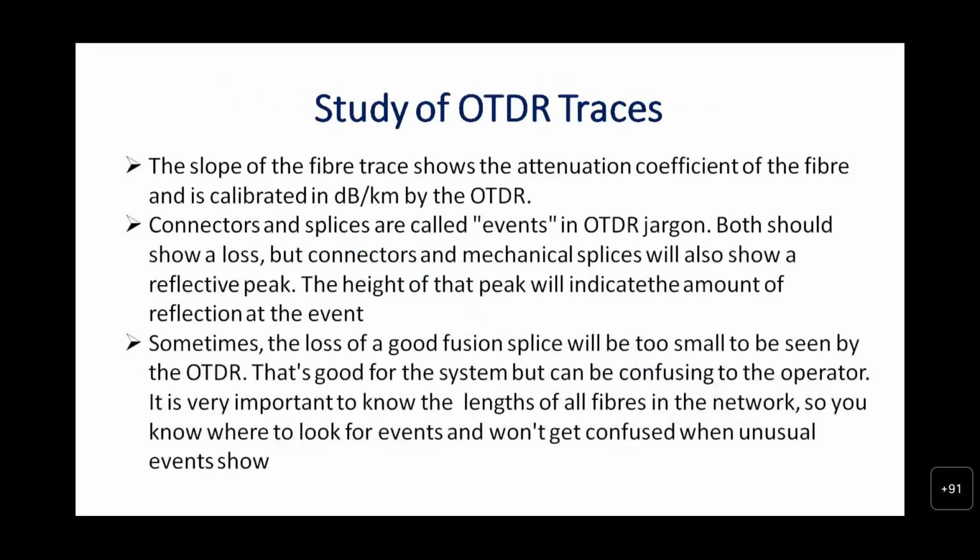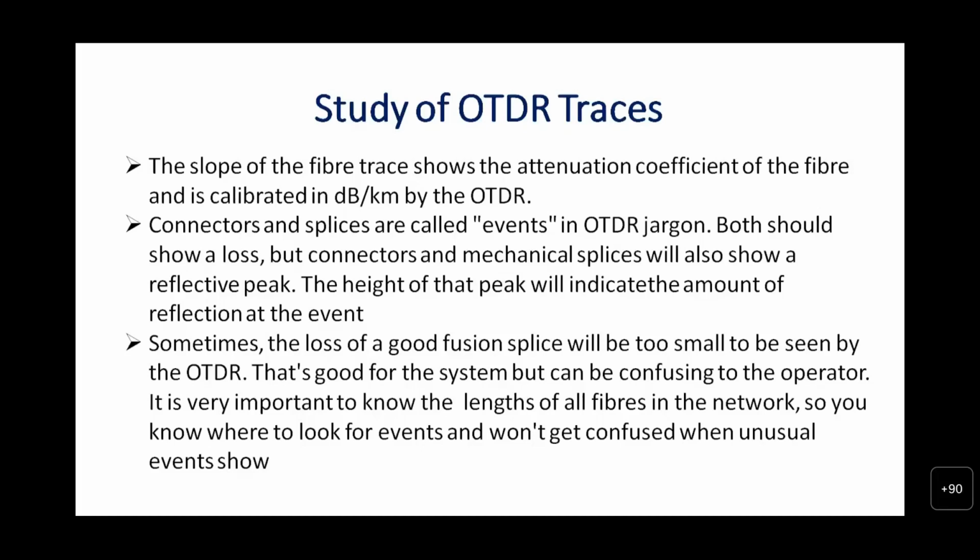Study of OTDR traces. The slope of the fiber trace shows the attenuation coefficient of the fiber, and it's calibrated in dB per kilometer by the OTDR. Connectors and splices are called events in the OTDR jargon. Both should show as loss, but connectors and mechanical splicing will also show a reflective peak.